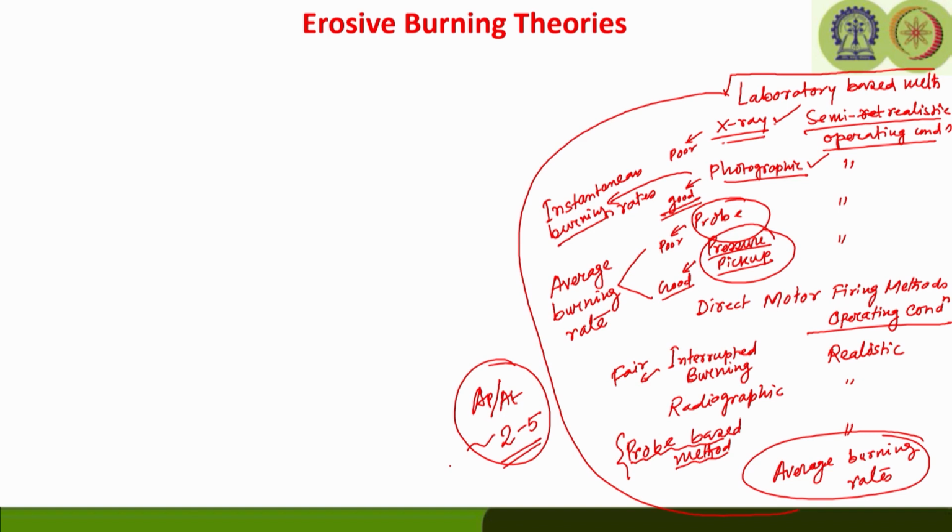Now, without consideration given to the type of propellants, whether it is a double base propellant or heterogeneous propellant, meaning homogeneous propellant or heterogeneous propellant, the existing theories on erosive burning are generally categorized into four major categories.